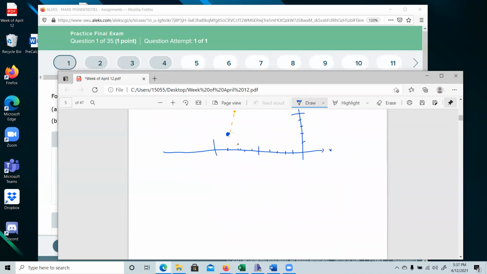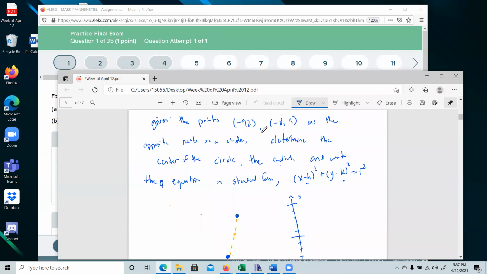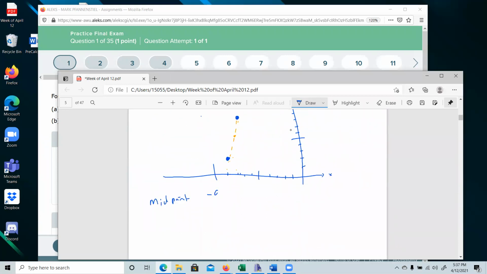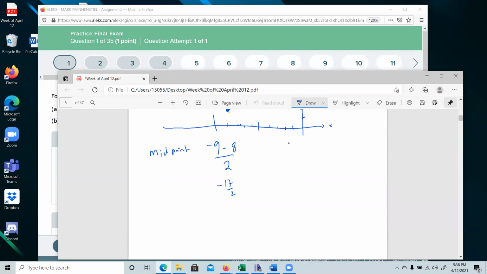So my midpoint, or the center of my circle, that's going to be -8 plus -9 divided by 2. So that's going to be -8.5, so -17.5 over 2.